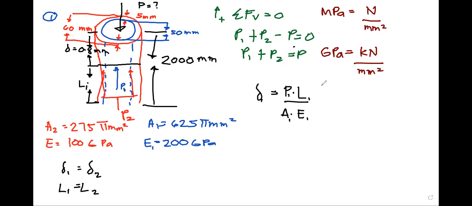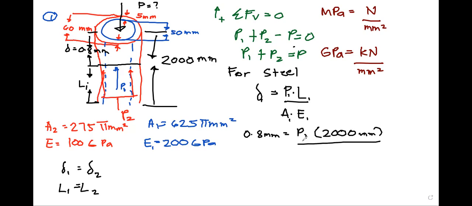So, we have a value for the deformation, 0.8. This is for steel. Okay? So, 0.8 mm is equal to P1 multiplied by 2,000 mm all over our area 625 pi mm squared multiplied by 200.